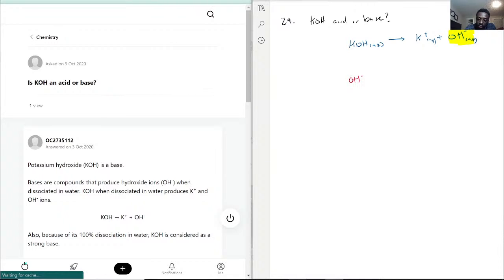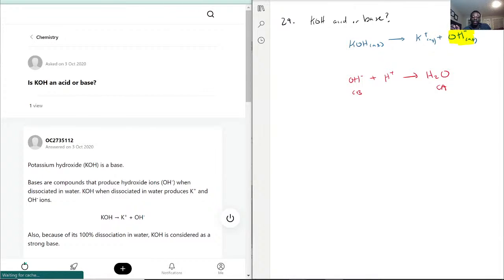As in, if I put it with H plus, it turns into water. And you notice here that it's two things becoming one. So there's a conjugate base, and this is a conjugate acid, because the OH is now taking the hydrogen, well, I mean the proton, and turning into water.